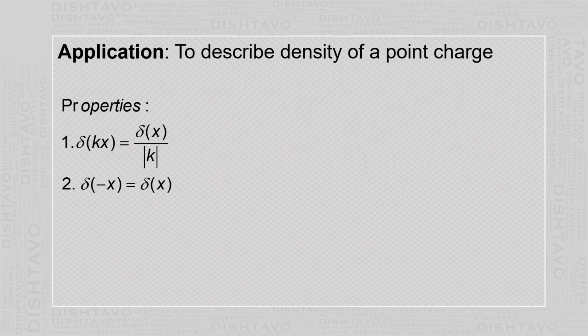Dirac delta function is used to represent the density of a point charge. Point charge means full charge is concentrated at one point, and that means the density of the charge is there at one point.